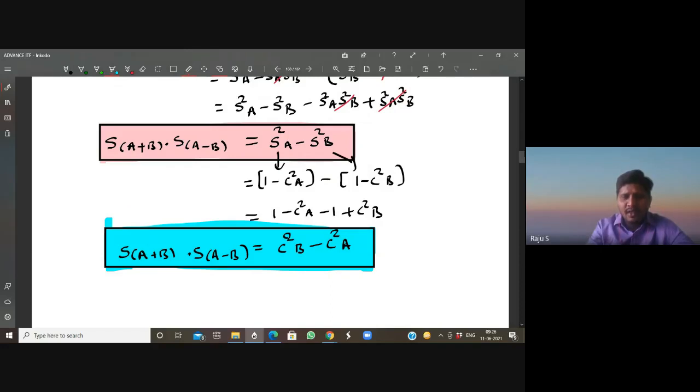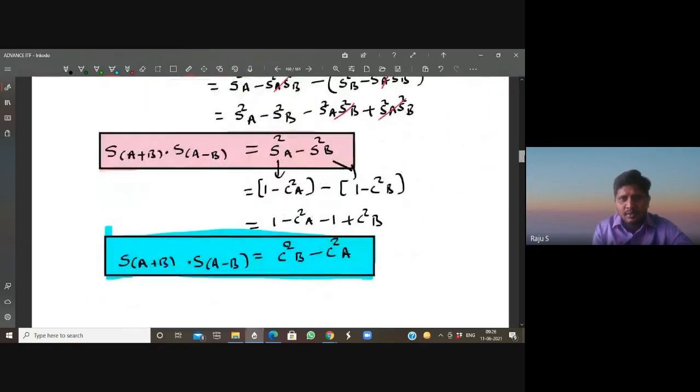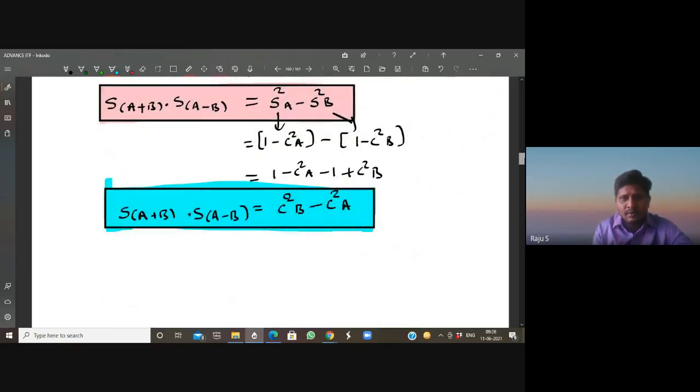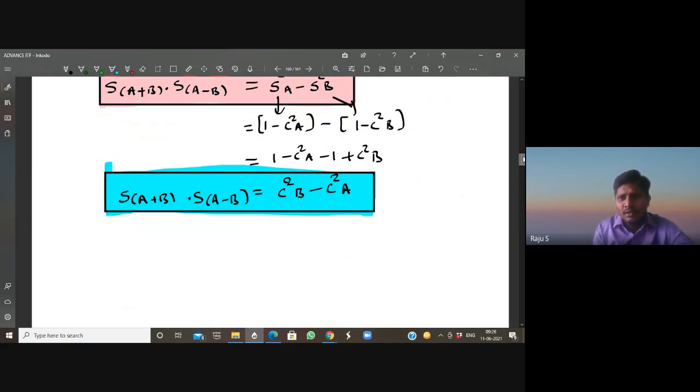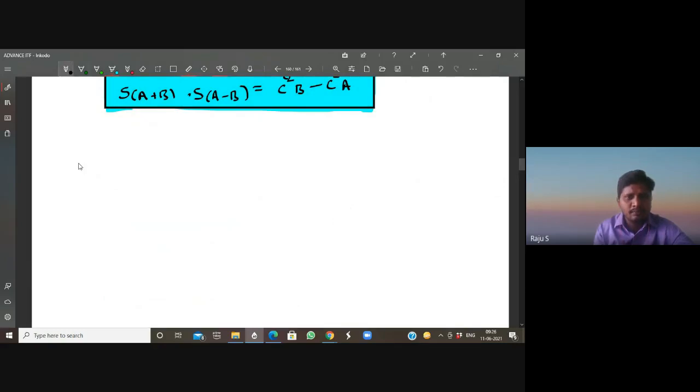In the same way, cos(A plus B) into cos(A minus B). All of you, can you tell me what is cos(A plus B) into cos(A minus B)?